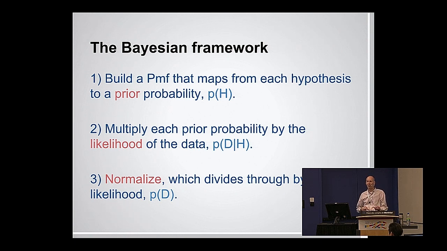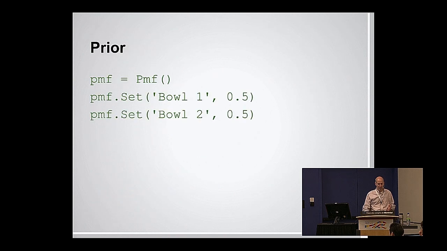And then when you renormalize the distribution, that has the effect of dividing through by the total likelihood of the data, P(D), which was the denominator of Bayes' theorem. So this is getting the PMF class to do some of the work that we did by hand. Here's what it looks like.